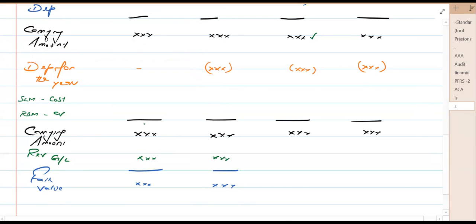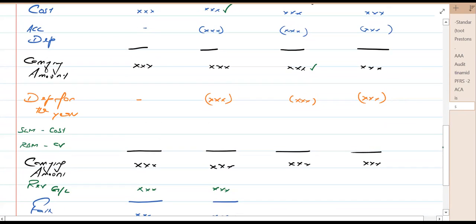So say, for example, it is a gain, then you record the gain over here. But if it is at the start of the year, then this is the point where you need to compare the carrying amount with the fair value. And any gain or loss will go to the other comprehensive income.